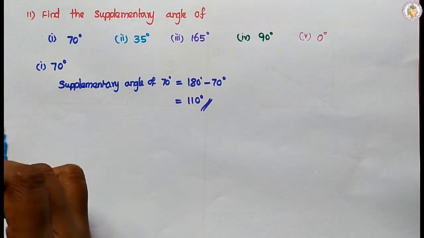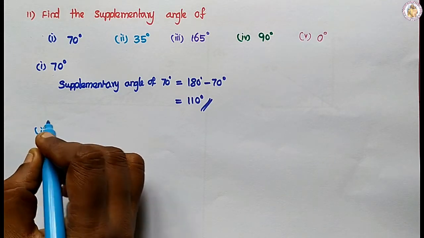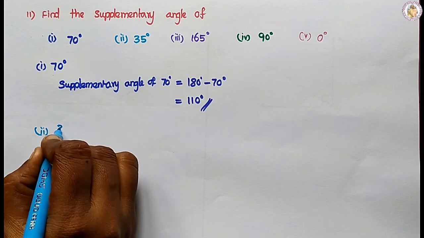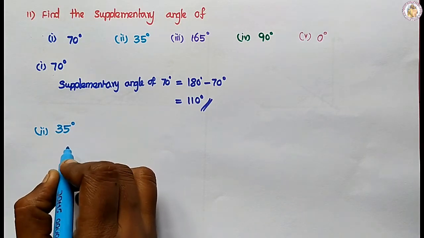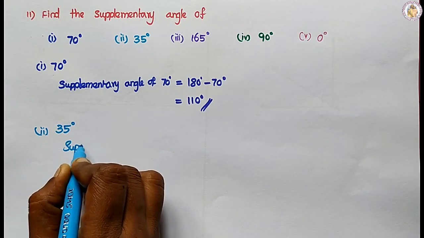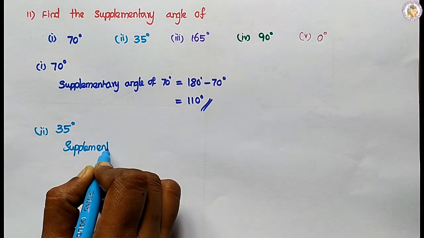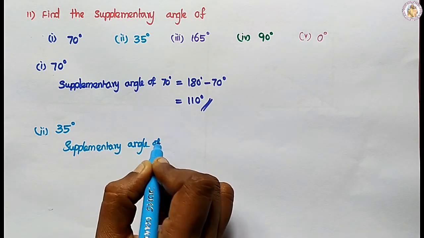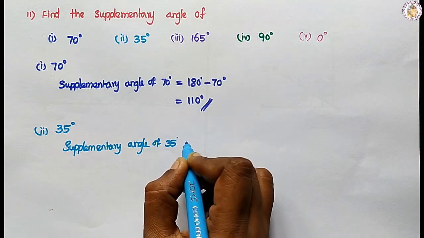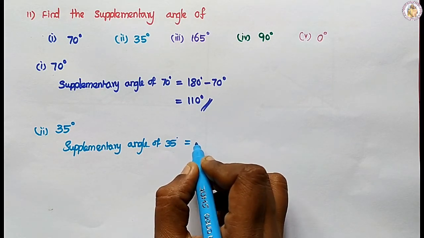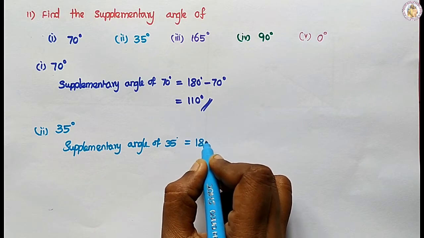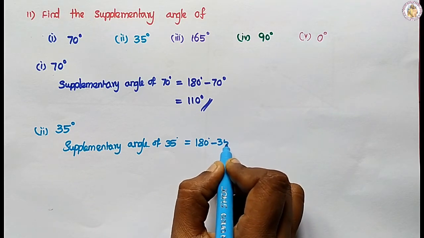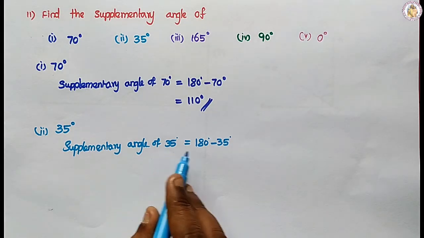Next one, 35 degree. So supplementary angle of 35 degree equal to, what's the procedure? 180 degree minus given angle, that is 35 degree.